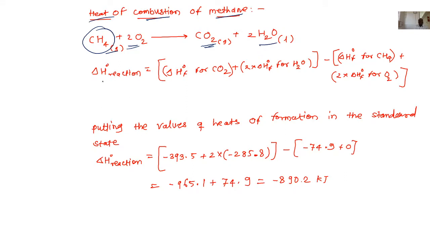So delta H0 for this reaction, delta H0, is the standard enthalpy of the reaction. The standard enthalpy of the reaction is equal to delta HF for CO2, these are the product molecules, plus 2 into delta HF for H2O. Why 2?